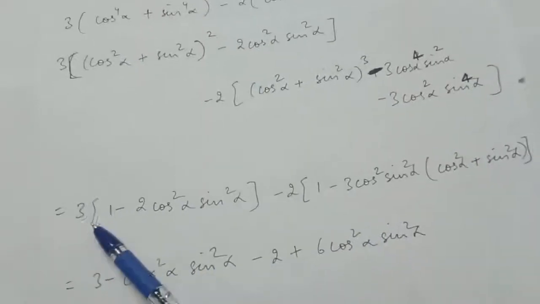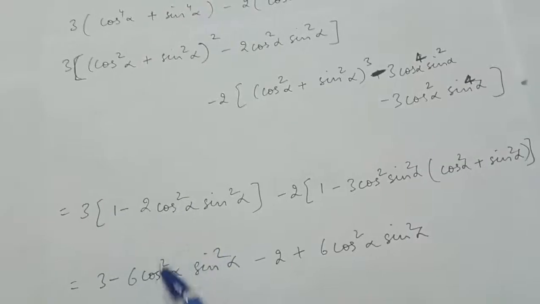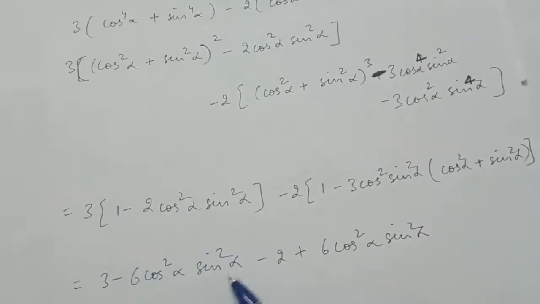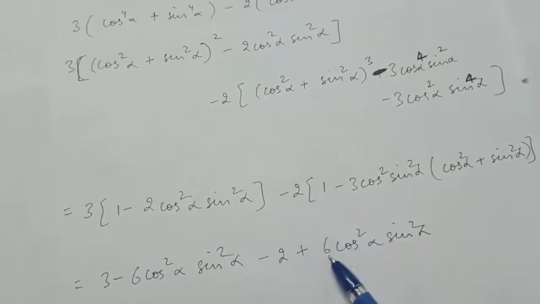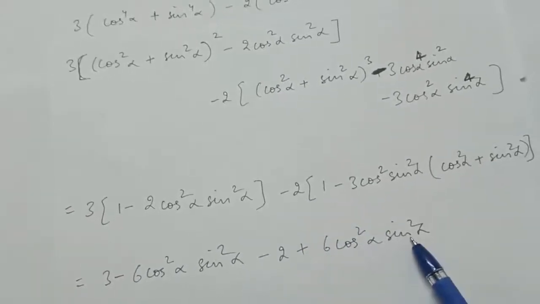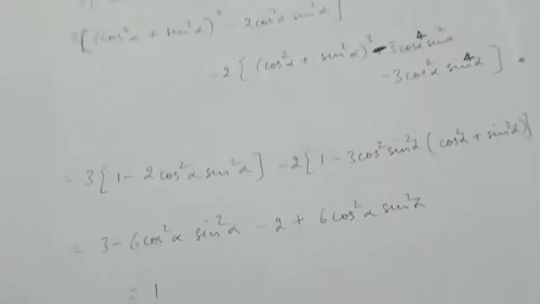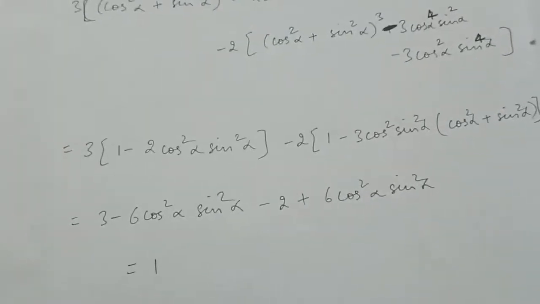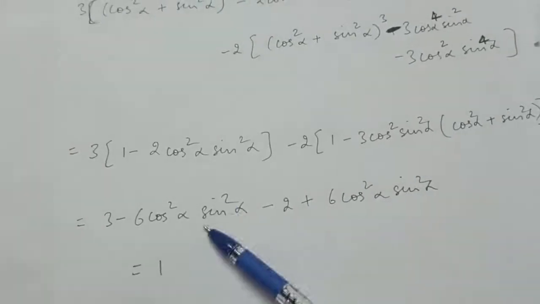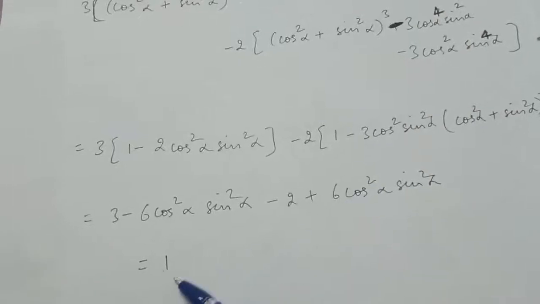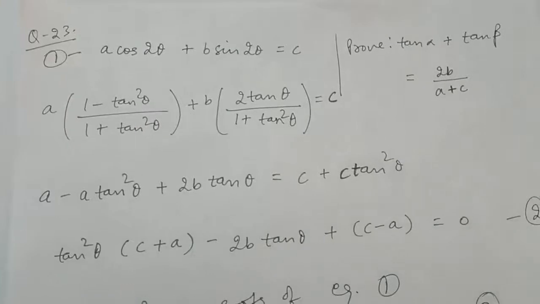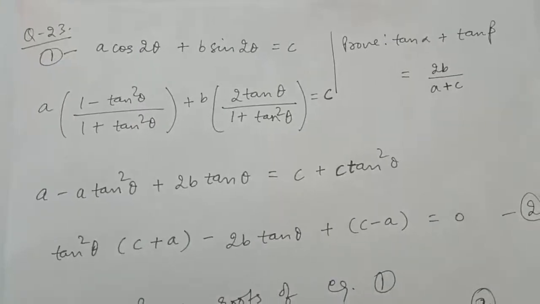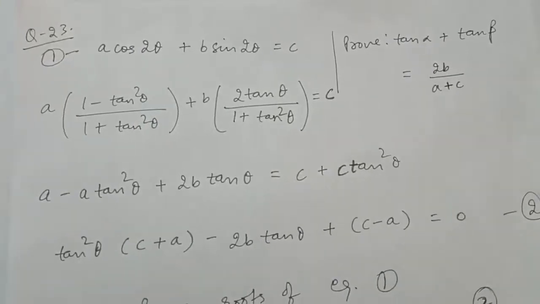So you will get 3 minus 6 cos square alpha into sin square alpha minus 2, and this will be minus minus plus 6 cos square alpha into sin square alpha, right? Now 3 minus 2 will be 1, and this term will get cancelled with this. So the answer will be 1.